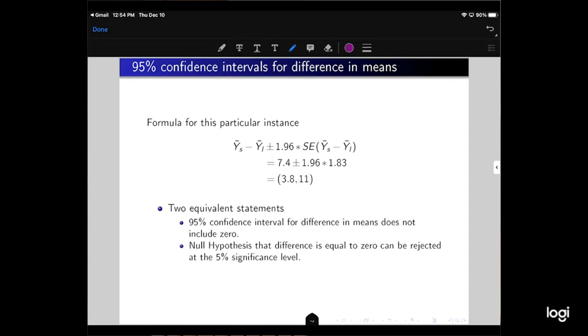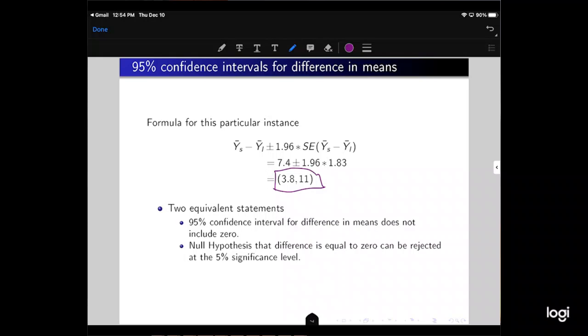Let's do a 95% confidence interval for our difference in means. So remember the 95% confidence interval is just taking the difference plus or minus 1.96 times the standard error of the difference. So 7.4 plus or minus 1.96 times 1.83. So our 95% confidence interval is 3.8 to 11.